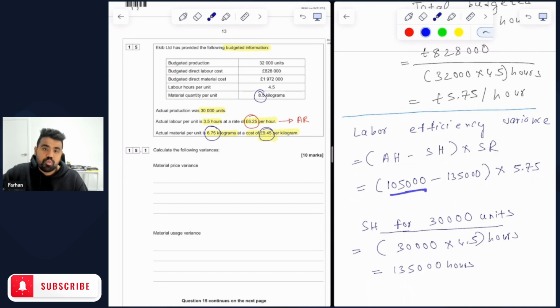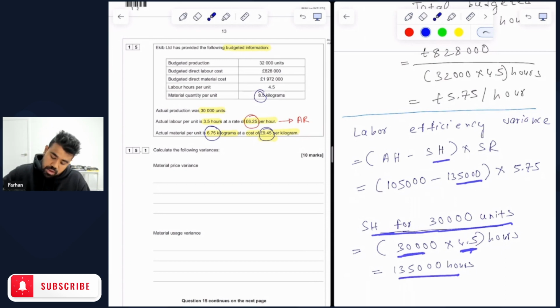And how did we get that? We have 30,000 units we produced and we multiply it with 3.5 labor hours per unit. That gives you 105,000. The standard hours is 135,000. As you can see, we have just found the standard hour for 30,000 units is 30,000 multiplied by 4.5 hours that we had budgeted originally per unit, and that is 135,000 hours.